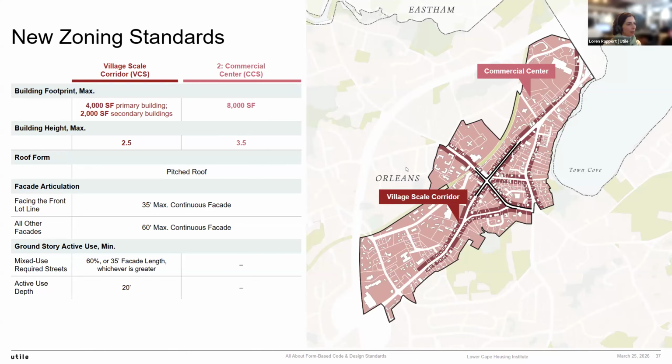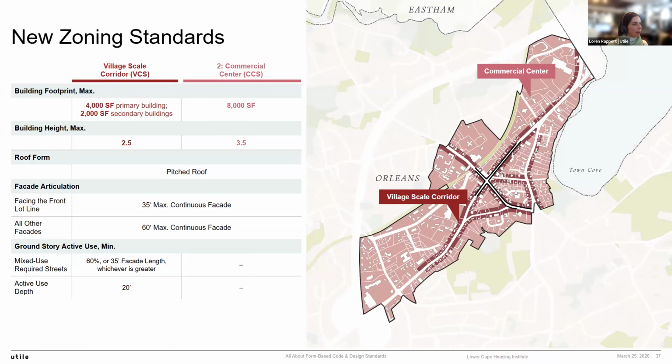So we've got a primary building that can go to a 4,000 square foot footprint, and then you can have secondary buildings on the lot that are smaller, 2,000 square feet. And these are going to be 2.5 stories tall in keeping with the existing context.